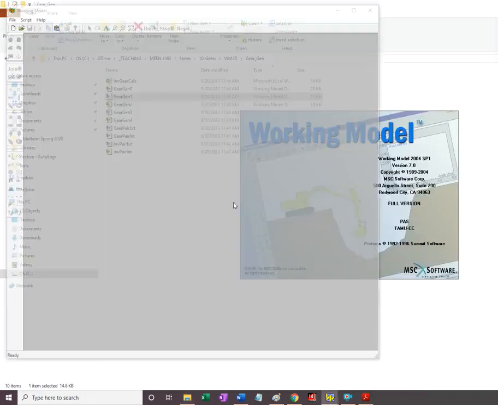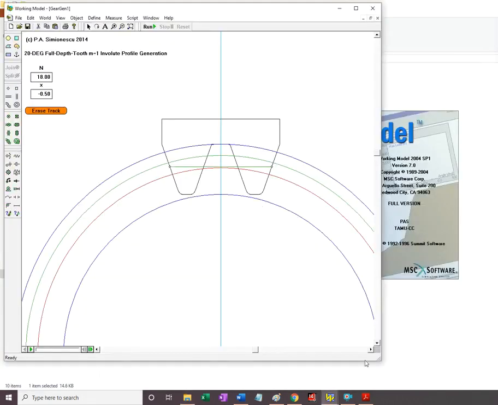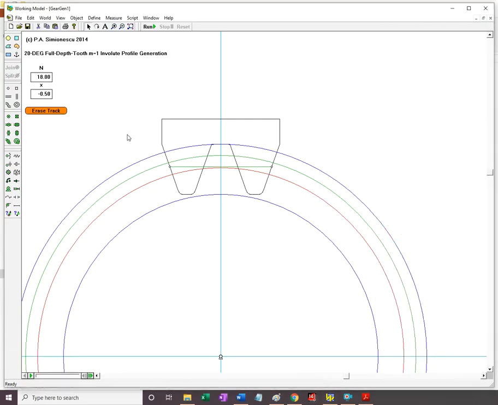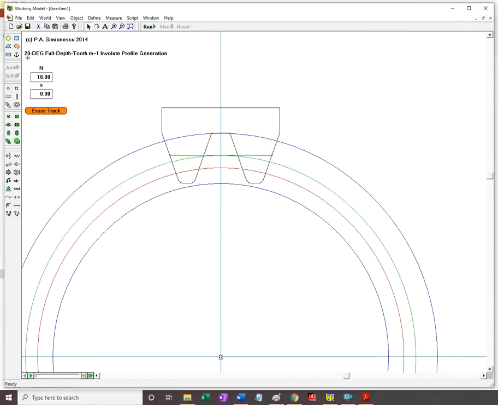But I started saying that, so I reviewed what we looked at last time when it came to gear generation. So this is, and you may want to also read here, 20-degree full depth tooth, module 1 envelope profile generation.